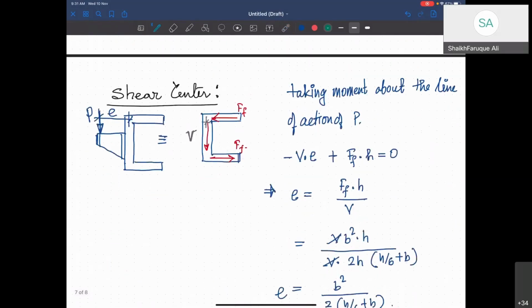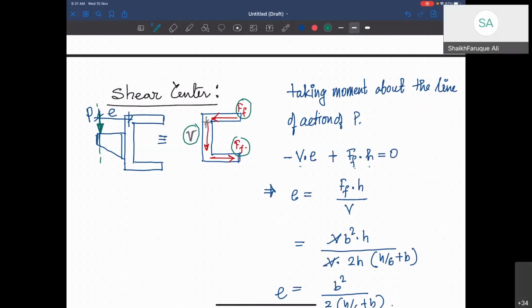Now, how do you find the shear center? I know my force V here. I know my F here. I have to make sure that the load is acting from such a distance that the moment from that point for all the internal forces is 0. So you take a moment about this line. It is going to be minus V e plus F into h equal to 0.